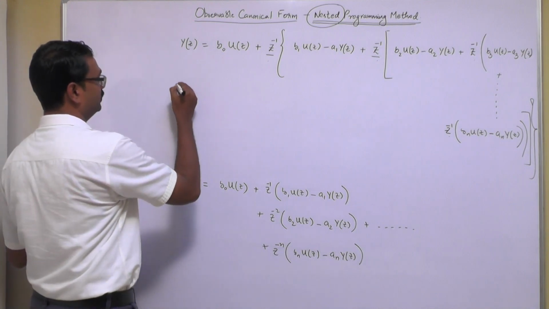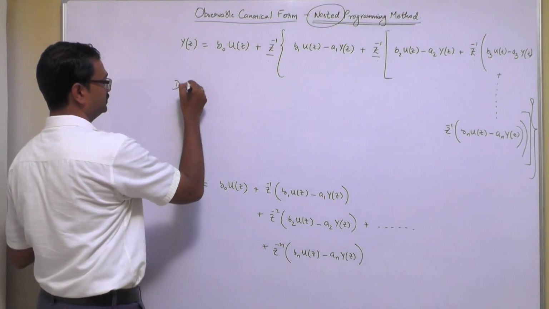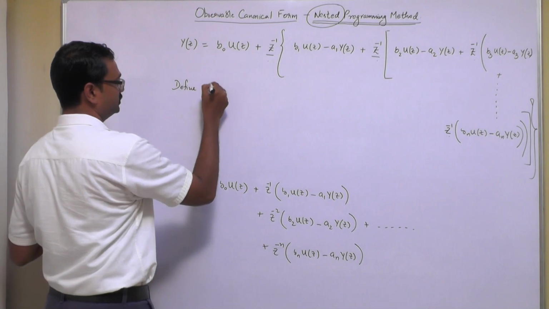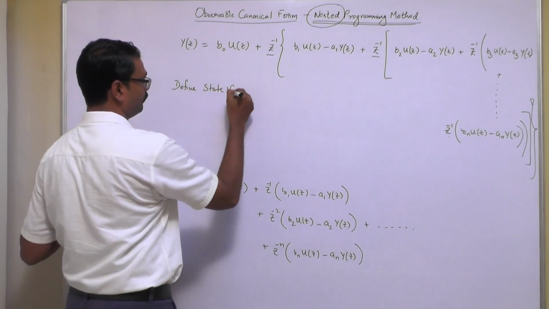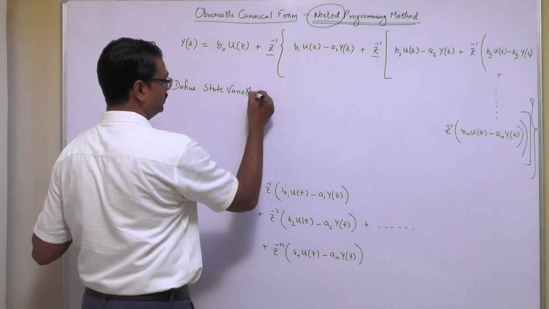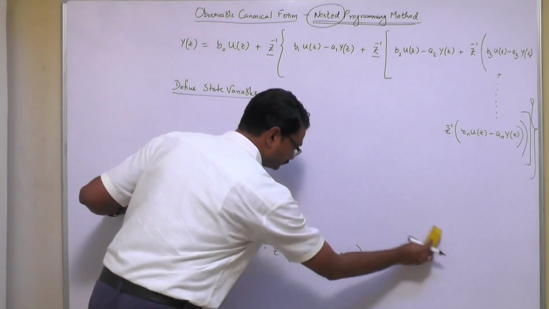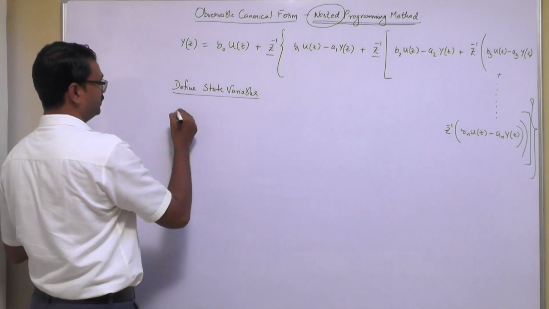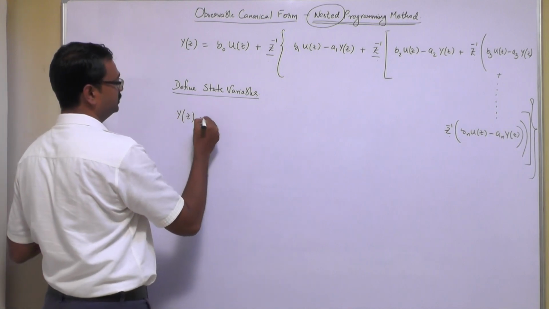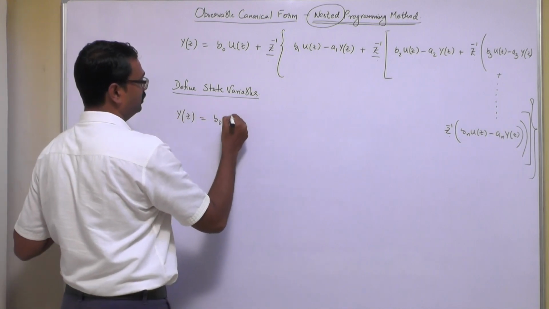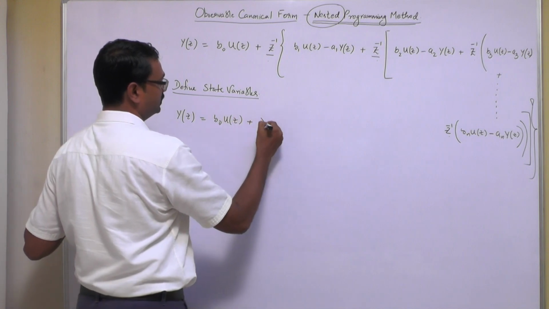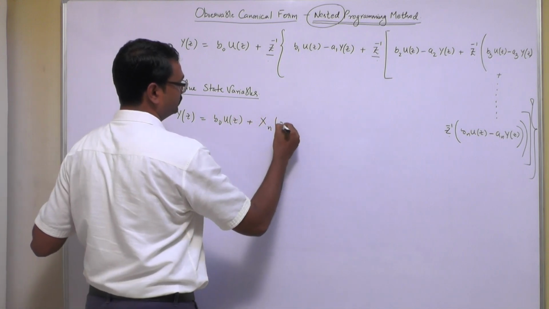So now to define our state variables, from this single equation that we are dealing with, I can write Y(z) = b0 U(z) + Xn(z).